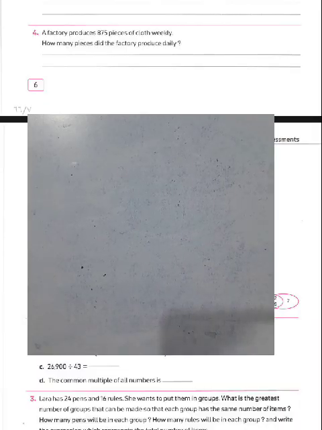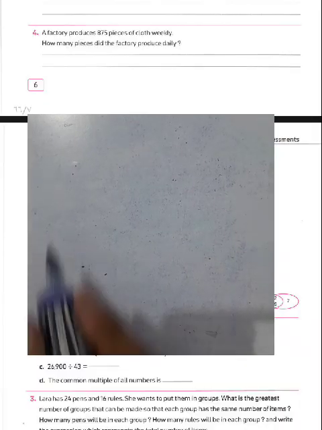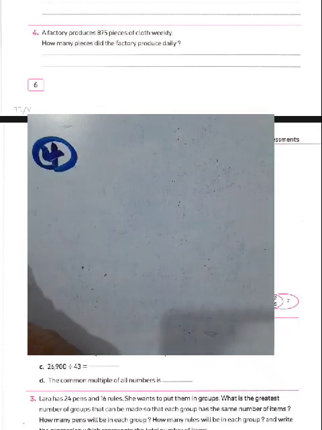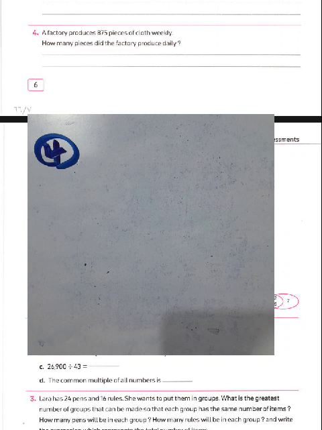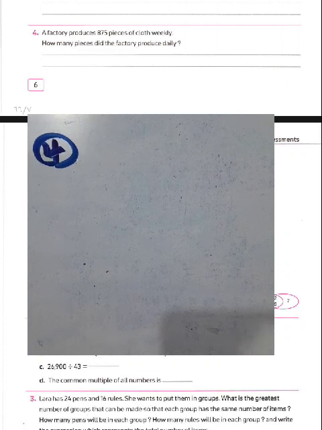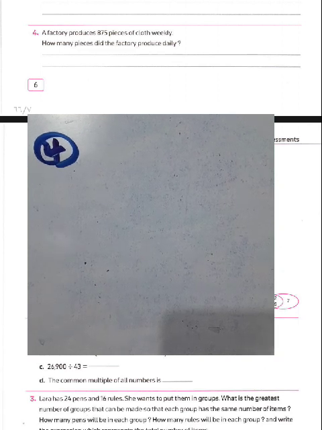Last question, number 4. A factory produces 875 pieces of cloth weekly. How many pieces did the factory produce daily? You can find it by dividing by 7.